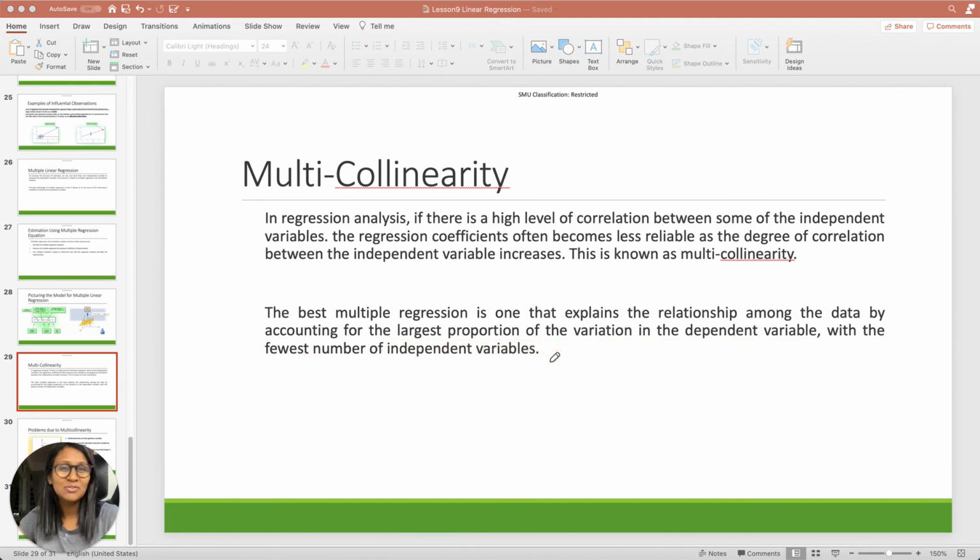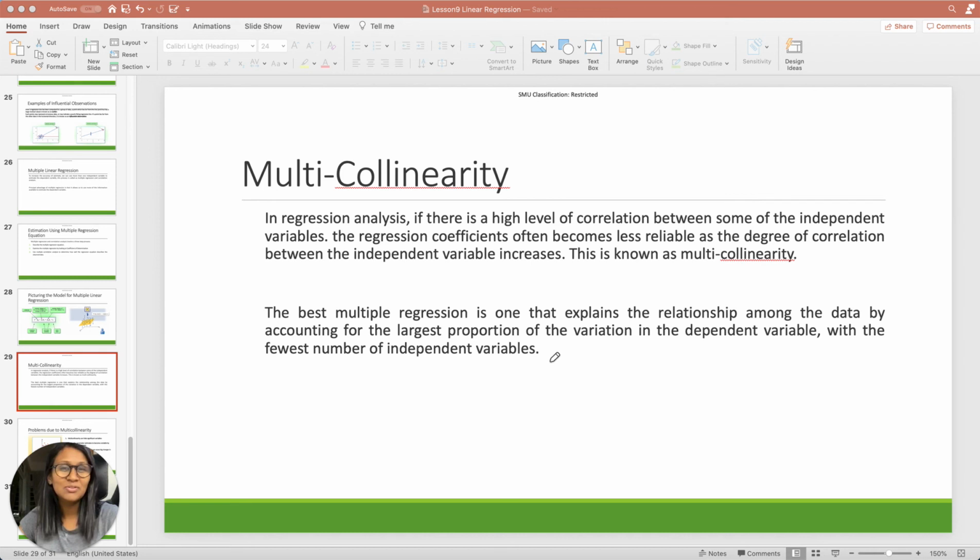So if you have a very big data set with 100 independent variables, it would be easy to get swayed and assume that a better model is the one which has more variables in it, but that is far from the truth, because in reality we are looking for a model that has the fewest number of independent variables but is able to explain the largest proportion of variation.